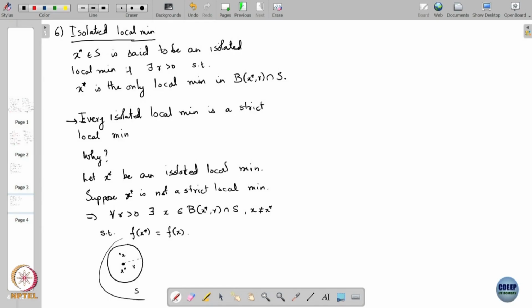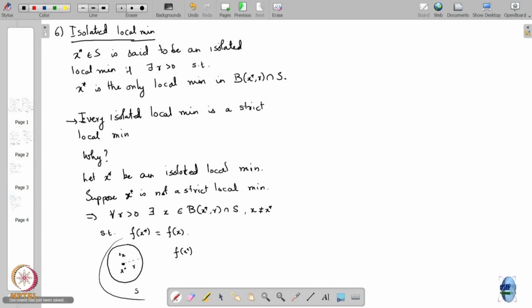Now, what can I do? Now, f of x star is certainly less than or equal to all of these, everything in this radius. Okay. So, what does this mean? So, everyone's following me here.